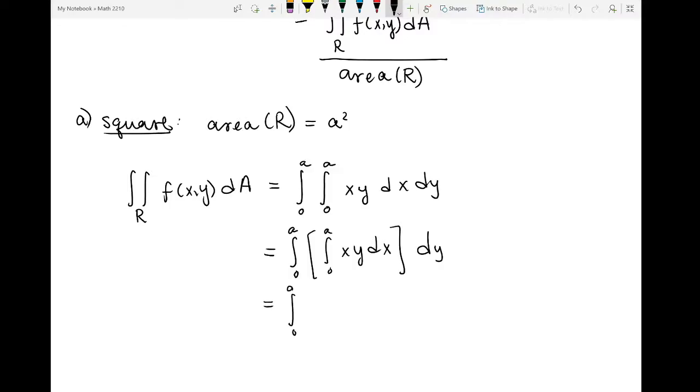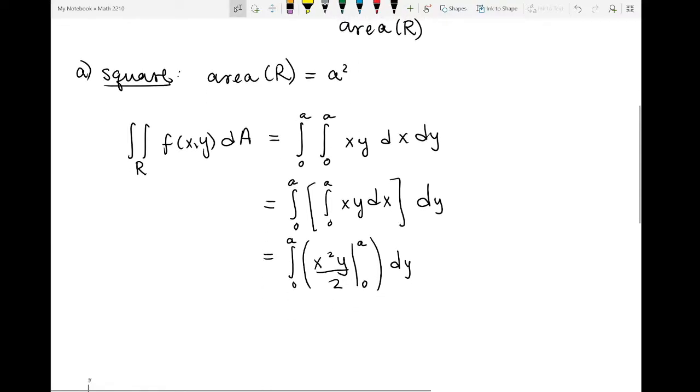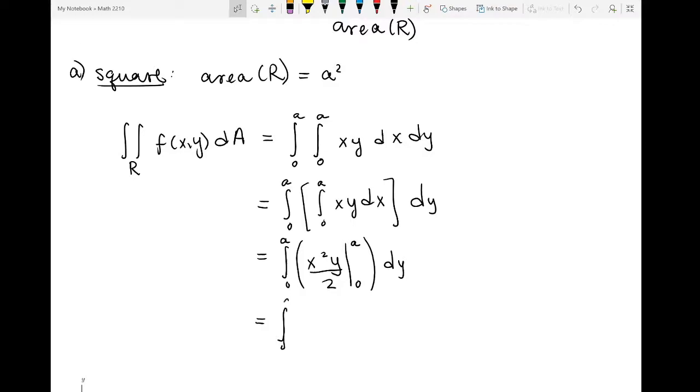If I integrate with respect to x, that's going to be x squared y divided by 2, and then I put in my limits from 0 to a, and then I'll integrate that with respect to y after I've evaluated that at those limits. Everywhere I see x, I put in my a, so I have a squared y over 2 minus, now I put in the 0, that's just going to be 0, of course.